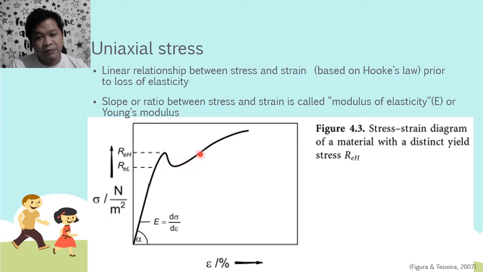And as you can see here, hindi na siya linear, and then kung gagawin mo man siyang close to linear, parang nagbago na yung slope niya, no? Mas less na yung kanyang, so less na yung force na kailangan mong i-apply para makakuha ng greater amount of deformation.